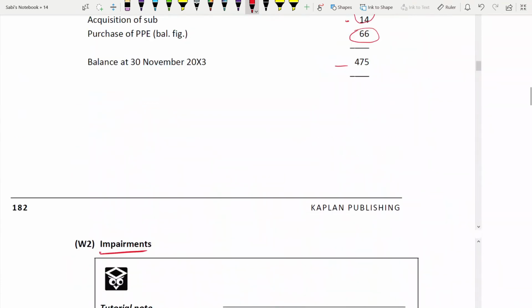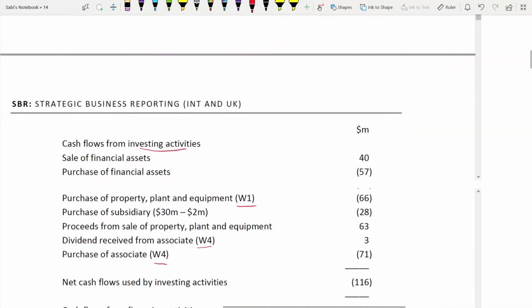Now we can go and finish the rest of the cash flow statement. Sale of financial asset. It is given in the other information that you have sold the financial asset for 40. You have purchased financial asset for 57. How can you say 57?